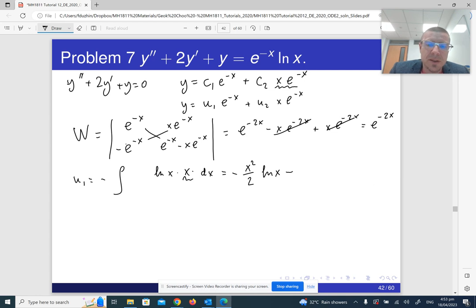Minus and minus here is going to be plus the integral of x squared over 2 times the derivative of ln x, which is 1 over x dx. So minus x squared over 2 ln x, and x squared over 2 divided by x is just x over 2. Its antiderivative is x squared over 4. Okay, so this is u1.